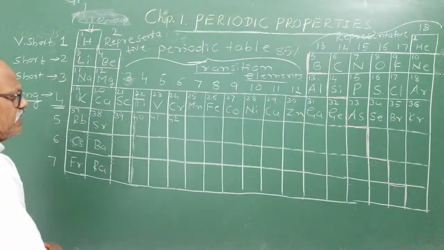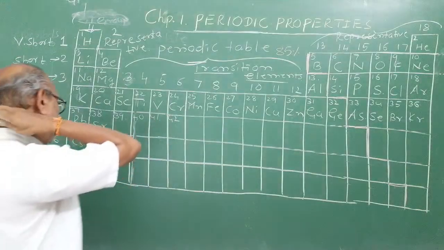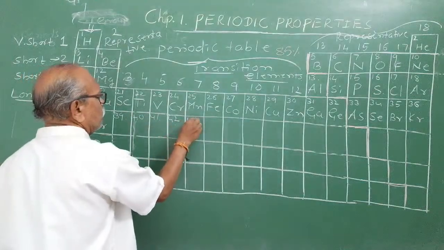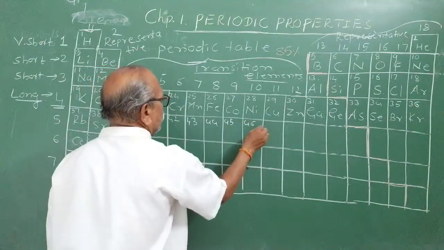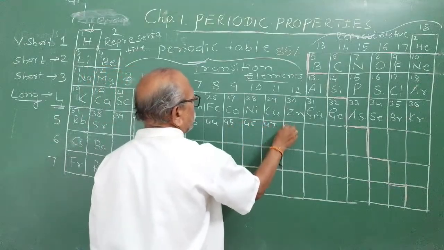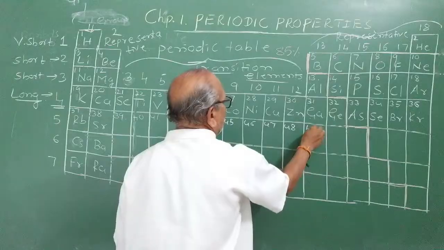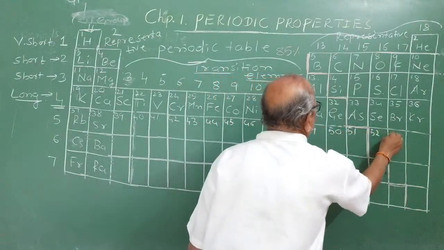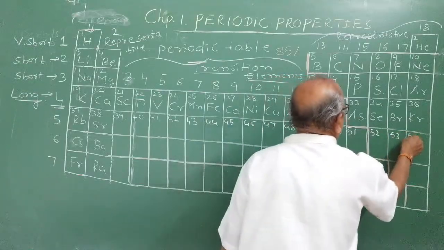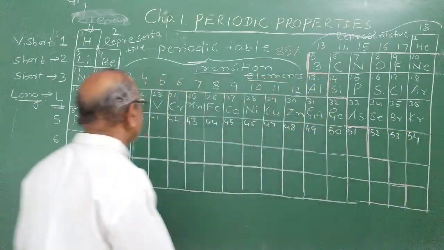42, go on filling at least first element, last element, selected elements. 43, 44, I will not go on filling all of them, it takes a lot of time. 46, 47, 48, 49, 50, 51, 52, 53, 54. I will write only selected elements.